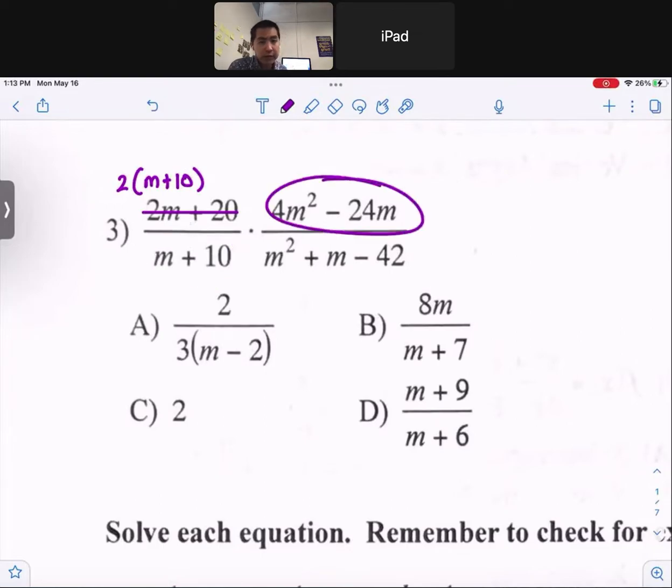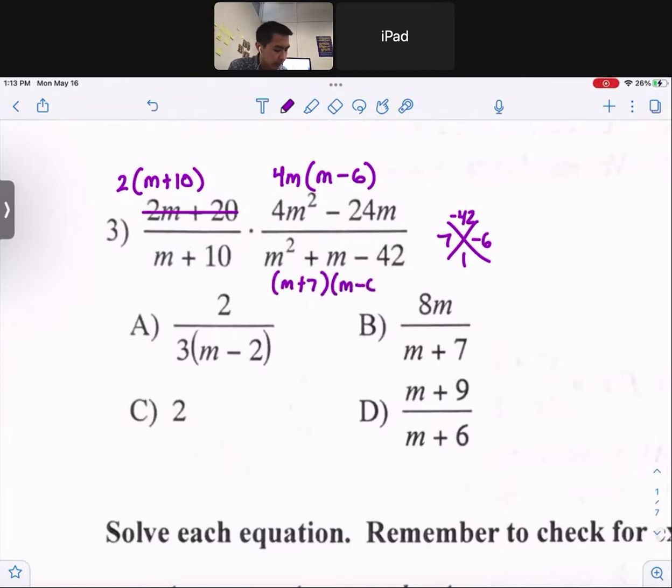Right here, you can factor out a 4 from the 4 and 24 and the m from both terms, so we get m minus 6. And right here, it's been a while, but it's your x method. What 2 things multiply to get negative 42, but when added give you 1? That is 7 and negative 6. So m plus 7 times m minus 6.